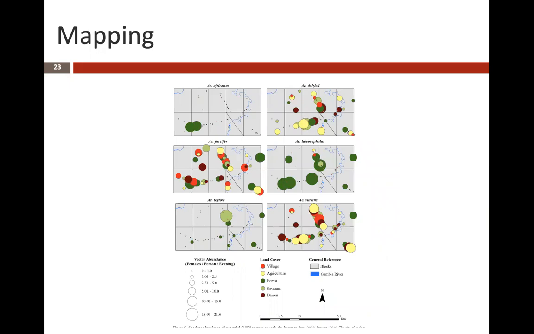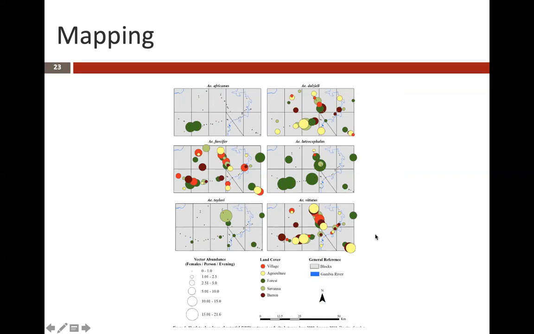This was based on our work in Senegal. This map shows the vector abundance in females per person per evening of different vectors. So there's Aedes africanus, Aedes dalzieli, and I can't pronounce some of these names. Anyways, taylori, vittatus, etc., in the different locations. And again, this is organized by land cover.